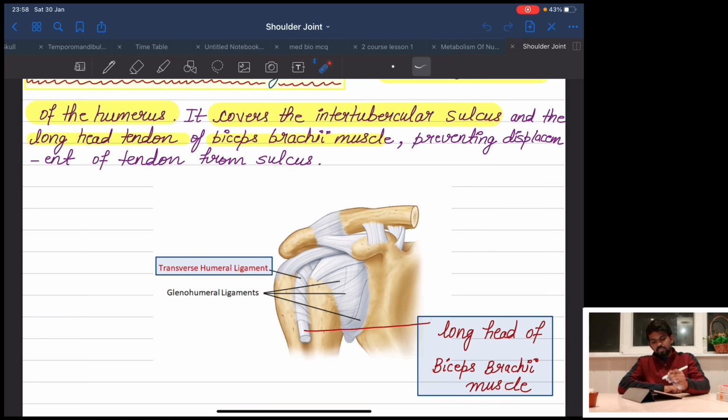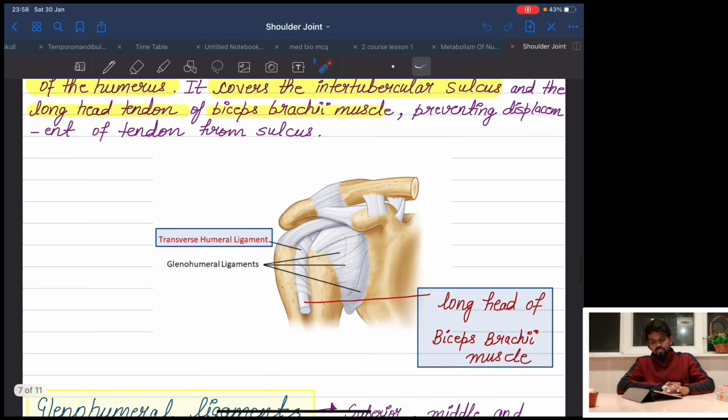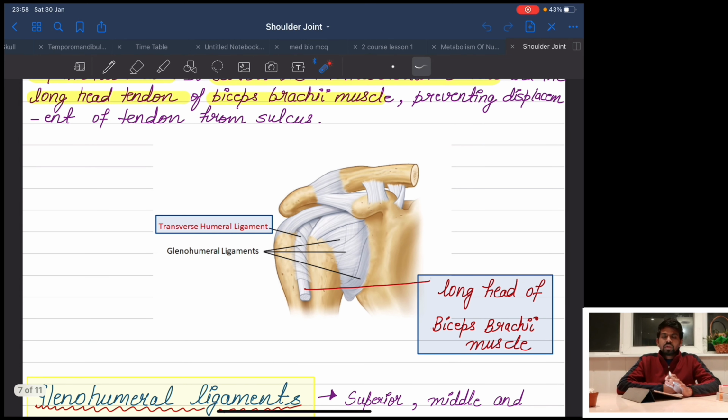This ligament covers the long head of biceps brachii. Why does it cover it, and what is the use of this ligament here? The function is that it prevents displacement of the tendon from the sulcus. The long head of the biceps brachii in the sulcus is prevented from displacement by the transverse humeral ligament.